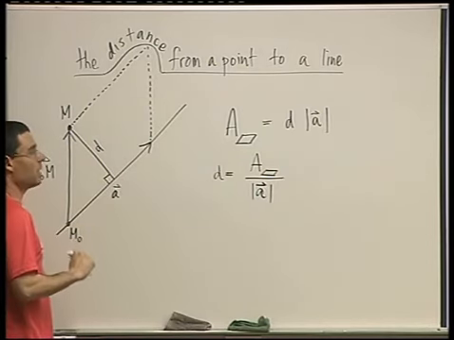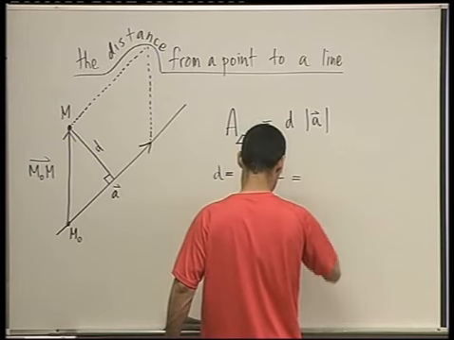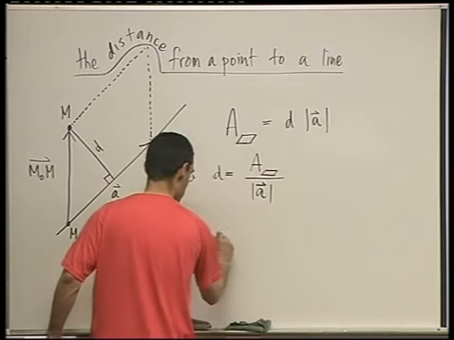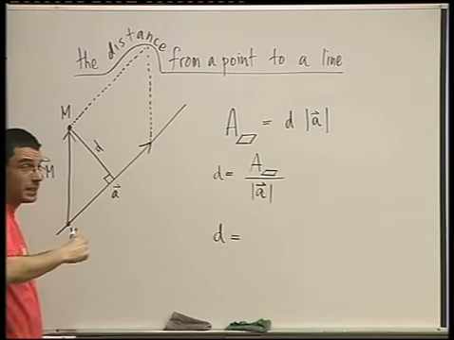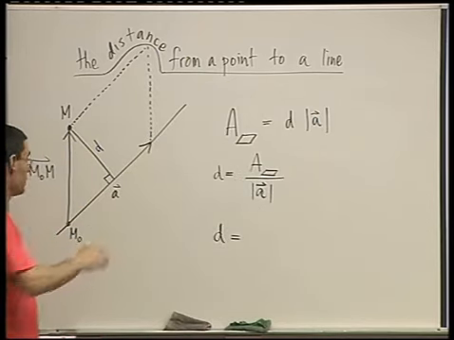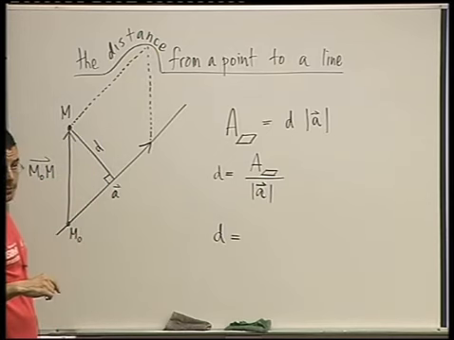And what is the area of the parallelogram? That's what you said earlier. Let's write it separately. So D equals, the area of the parallelogram is exactly the length of the cross product of the two vectors that the parallelogram is built upon. Okay?